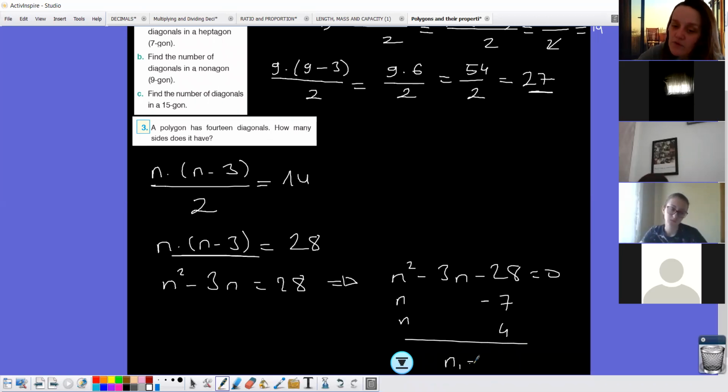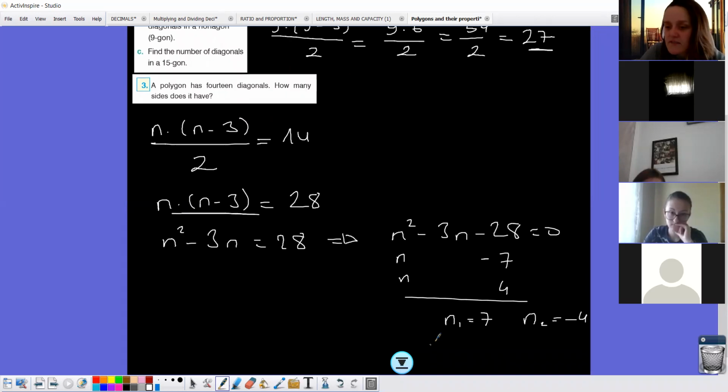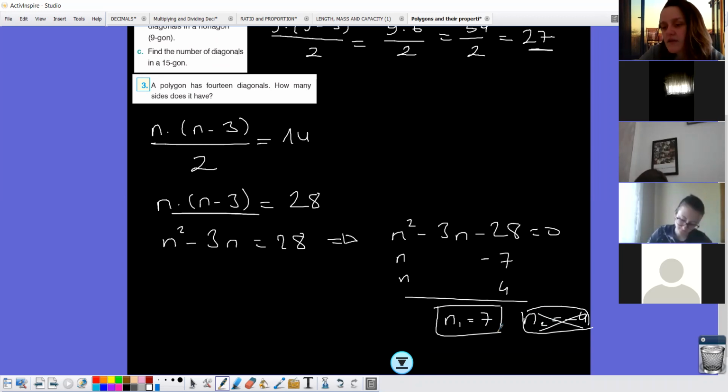So n1 will be 7, and n2 is minus 4. Because we are in geometry right now, and n is a number of sides, it cannot be negative. So the only solution is 7. So this polygon has 7 sides.